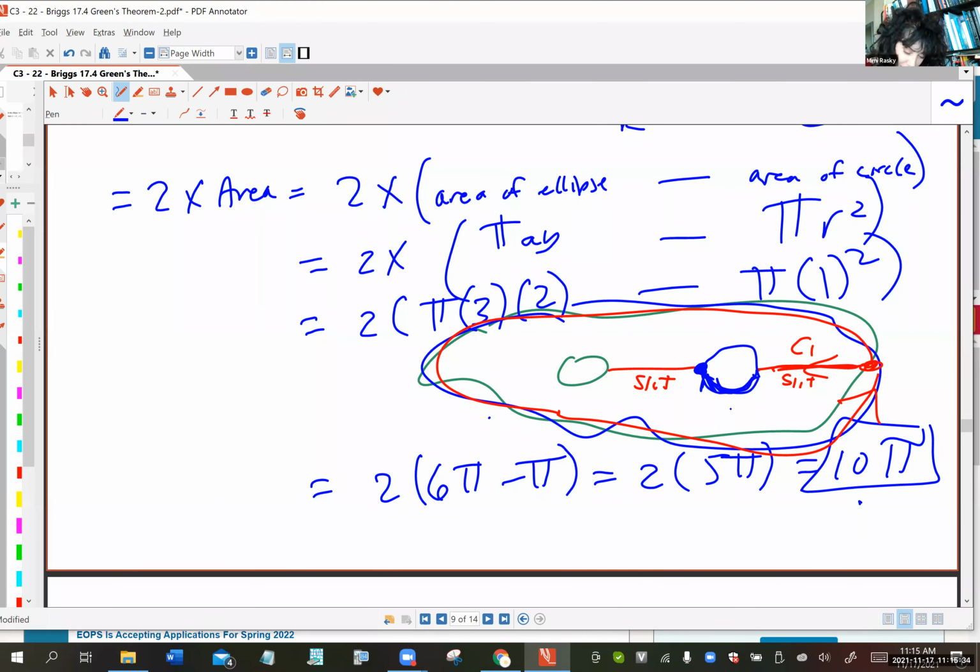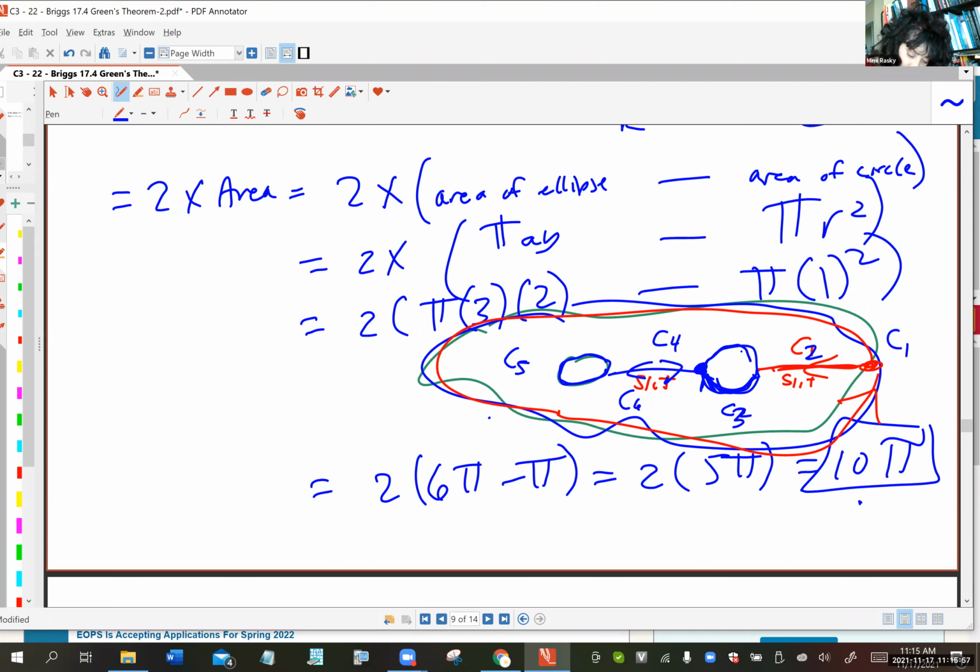Okay, we'll call that C2. Now, we have C1 on the outer border, and then C2 along the slit, C3, and then we'll go along this slit, we'll call it C4, and then you go all the way around this hole. Remember, you have to go clockwise. We'll call that C5. You go back along this slit, the opposite direction, call that C6, and yes, C4 and C6 will cancel each other out.